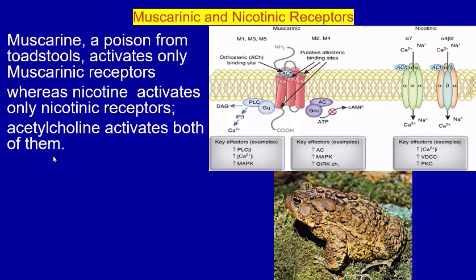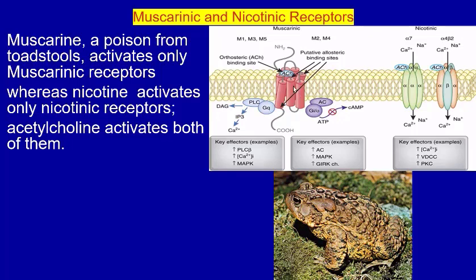But how can we differentiate between the muscarinic and nicotinic receptor? This is the nicotinic receptor and this is the muscarinic receptor. When muscarine is present, only muscarinic receptor is activated and nicotinic receptor doesn't show any activity, and when only nicotine is available, muscarinic receptors are silent.